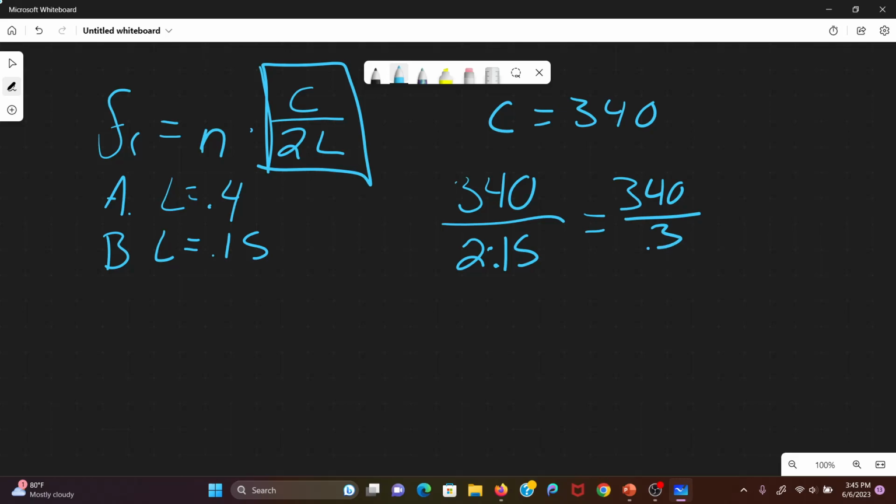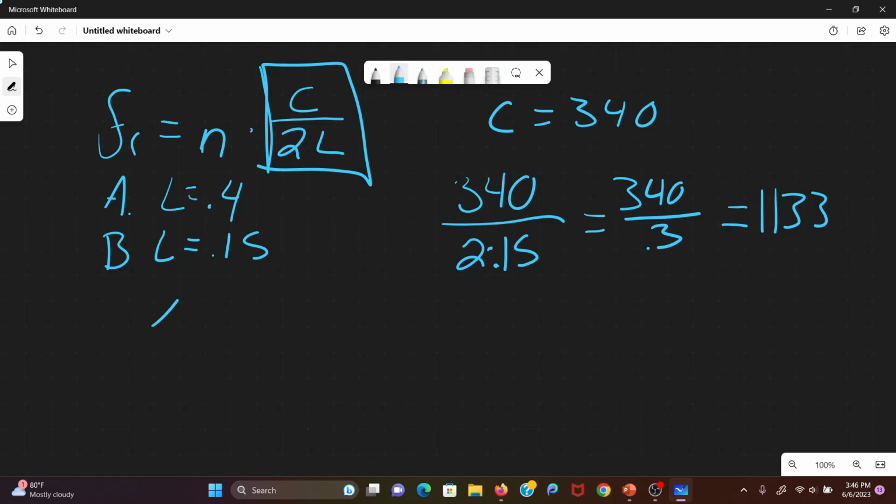What does 340 over 0.3 equal? Well, it equals 1,133.33. I'm going to go ahead and drop the decimal right now. It's fine without. It's fine with, but it's also fine without.